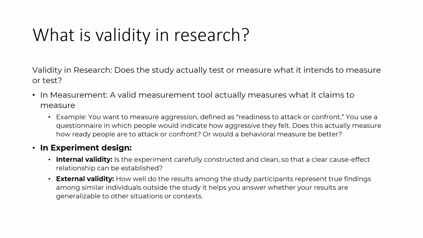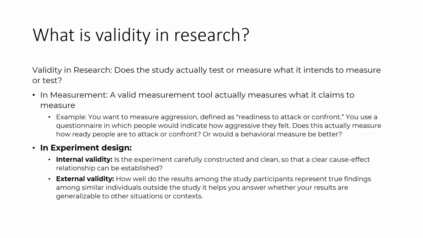But we can set up situations like that that might be better. And so in that case, the behavioral measure might be more valid than the questionnaire measure. Two ways of measuring the same construct. And so we're going to talk more about this later, so don't worry about this too much right now.